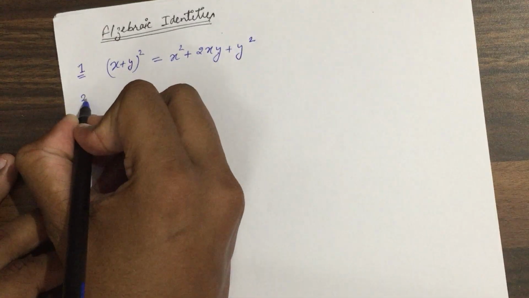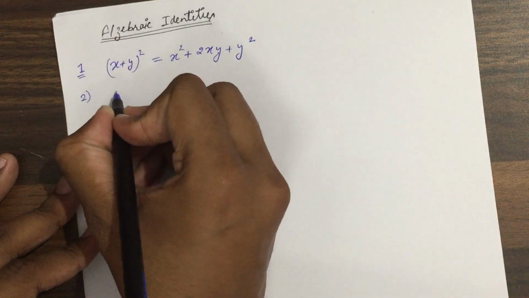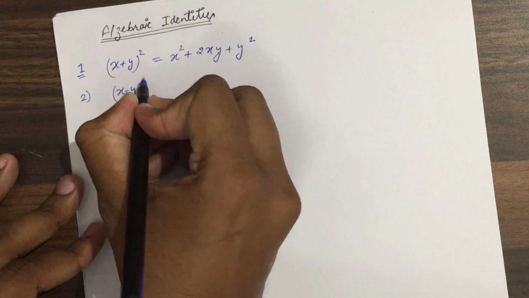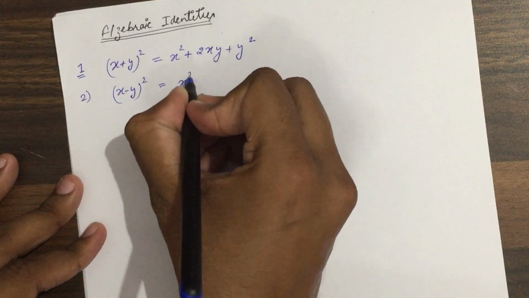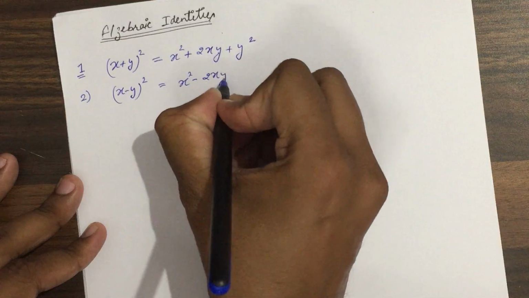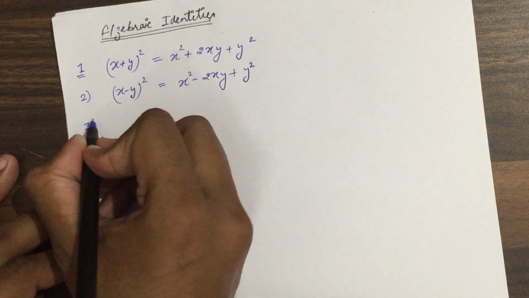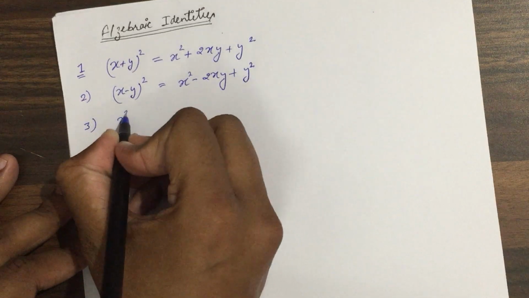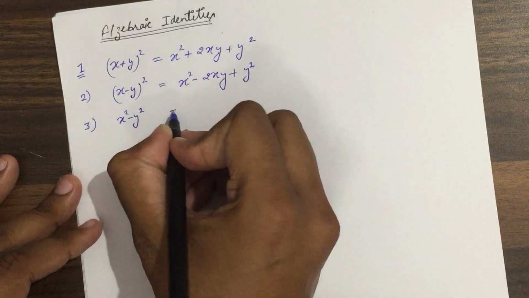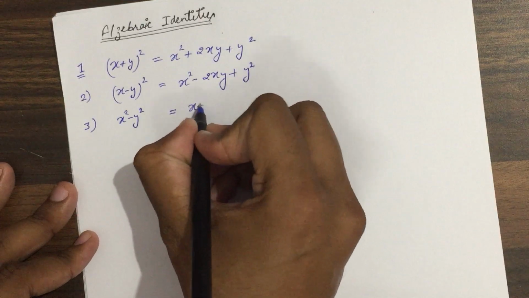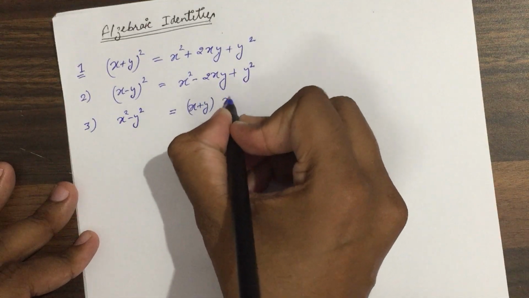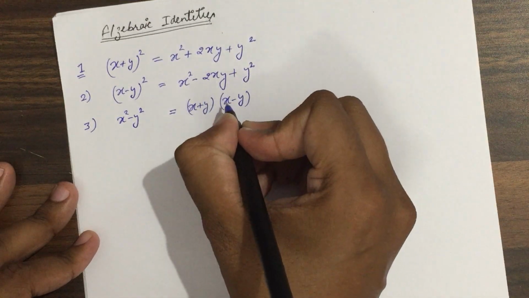Okay, the second one is (x - y) whole square is equal to x square minus 2xy plus y square. Third one is x square minus y square. This will give you (x + y)(x - y).